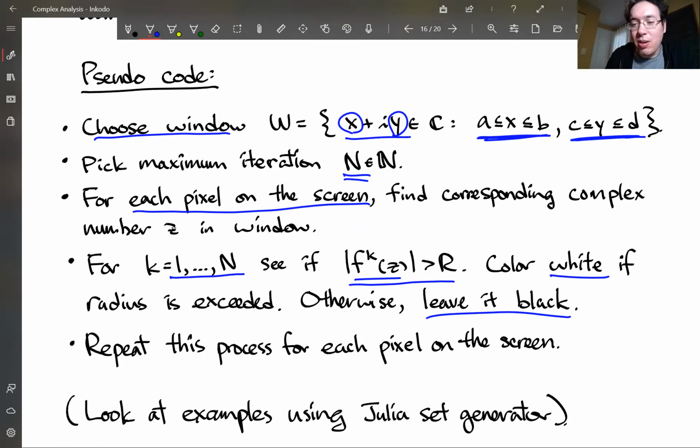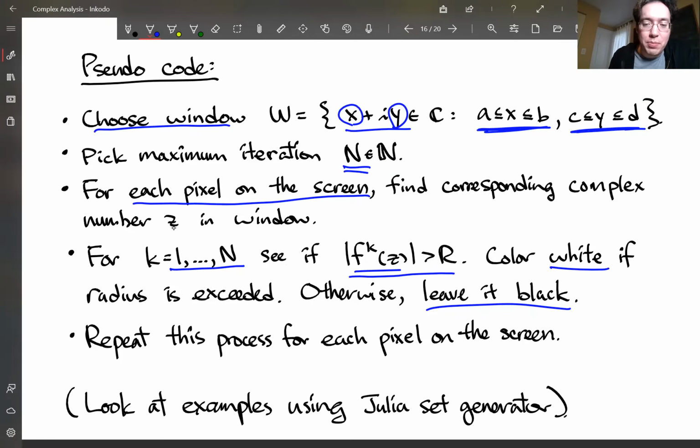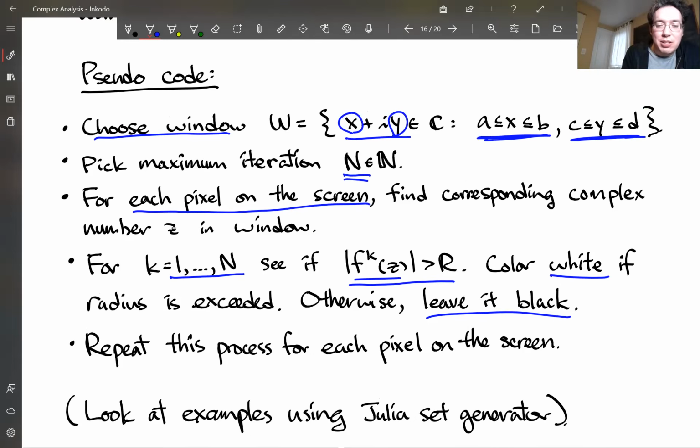So if it takes longer, leave it darker. If it exits immediately, leave it whiter. And you repeat this process for each pixel on the screen. And we'll get a Julia set.